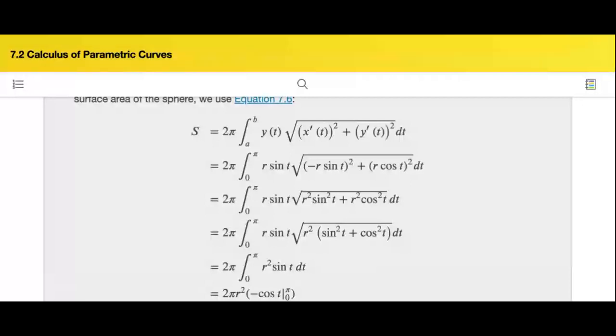So that's the first application. Second application: you give us a parametric equation, and we can find out from one point to another point the arc, the trajectory, the length of the trajectory, or the length of the curve.